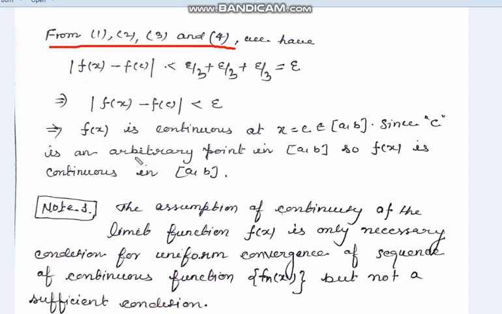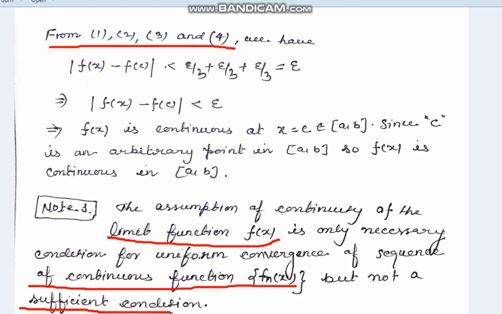So if a sequence of functions converges uniformly to a function f(x), then f(x) must be continuous. That means the continuity of the limit function is only a necessary condition for uniform convergence of a sequence of functions, but not a sufficient condition.